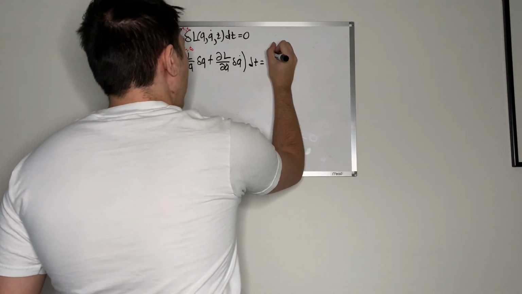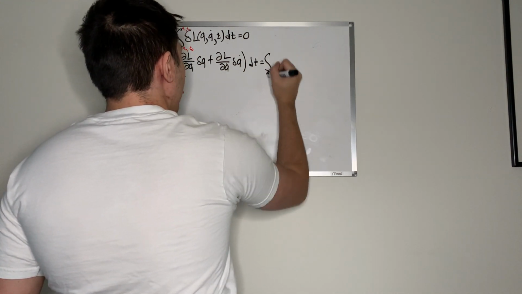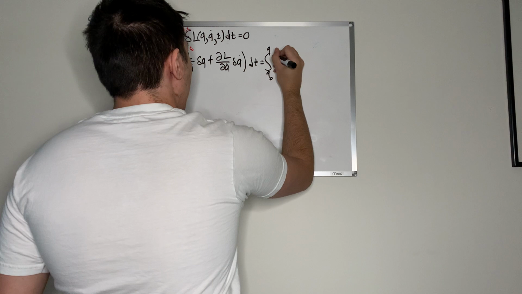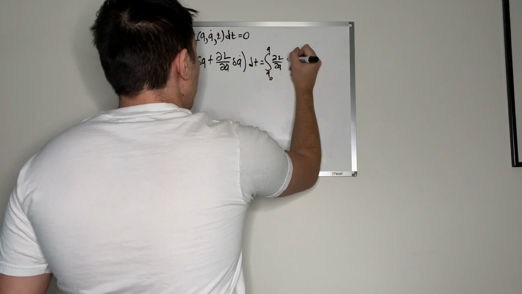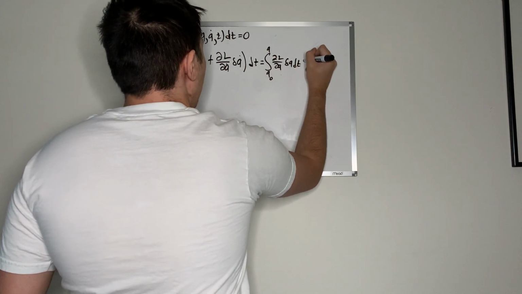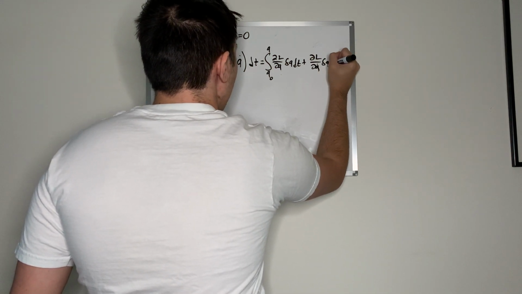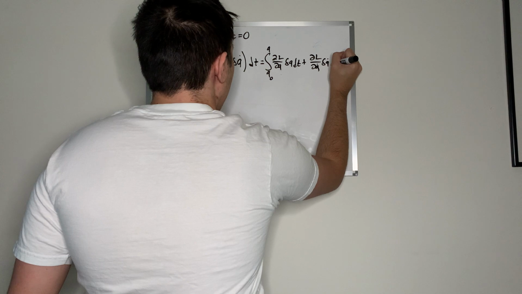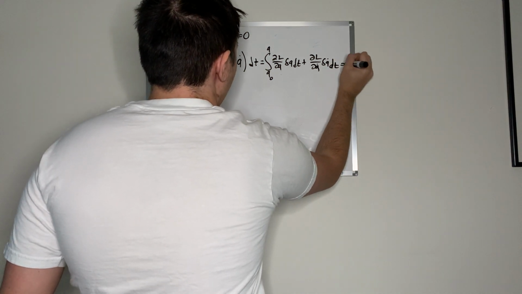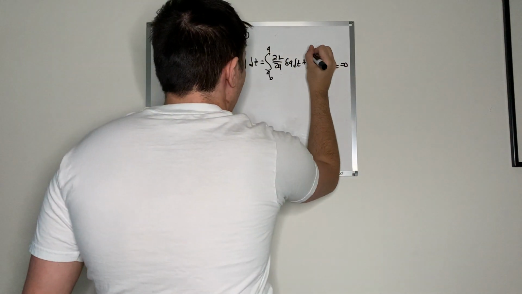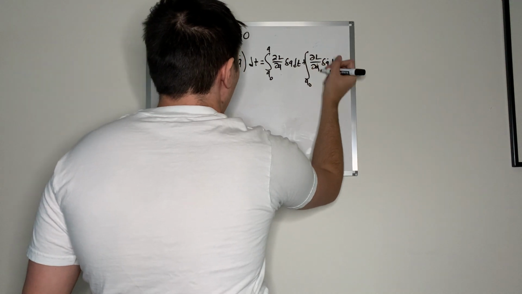So integrating from q naught to q, partial L, partial q, delta q, dt, plus partial L, partial q dot, delta q dot, dt. All of that is equal to zero.